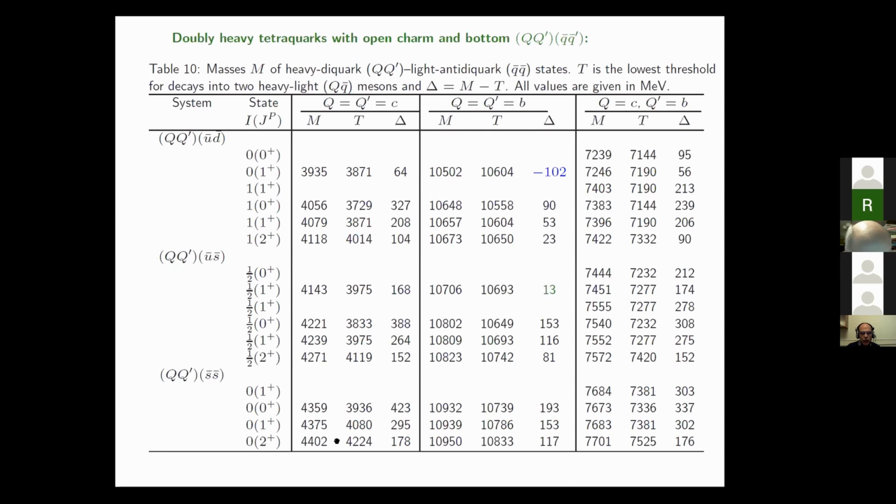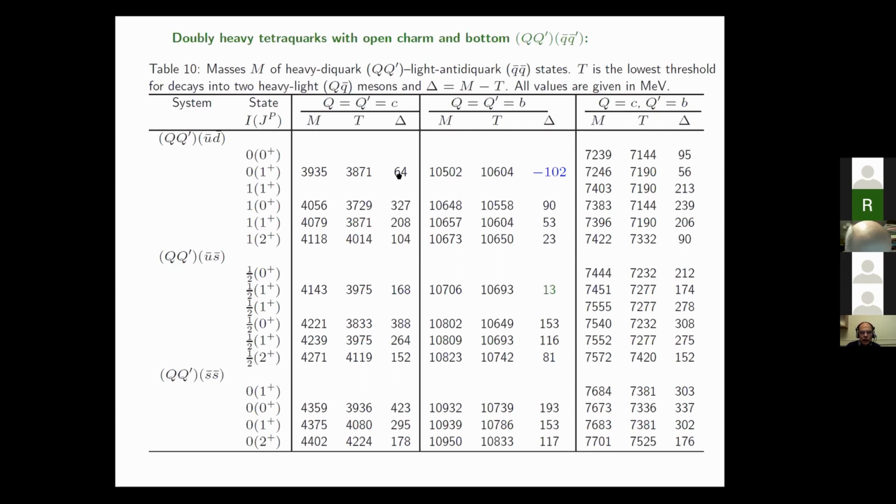Here we give the quantum numbers, the predicted masses, and also T is the threshold, the lowest threshold for decay into two heavy-light mesons, and delta is the difference between the mass and the corresponding threshold.